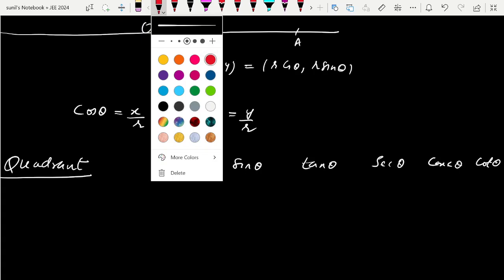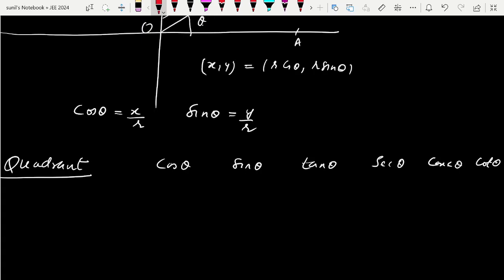Suppose theta lies in the first quadrant. In the first quadrant, x is positive and y is also positive, and since R is a distance which is always positive, all the trigonometric ratios will be positive in the first quadrant.